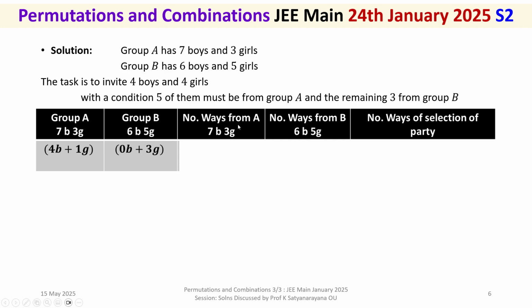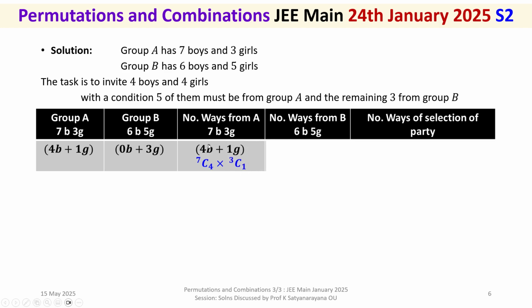Now number of ways from A, that is 7 boys and 3 girls. So 4 boys plus 1 girl from 7 boys plus 3 girls. So 7 out of 4.